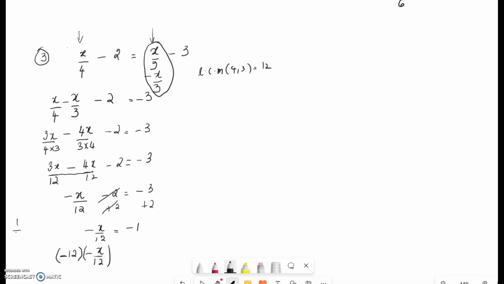Technically, you have negative 1/12, and you're multiplying it with negative 12/1, which is its reciprocal, and negative 1 times negative 12/1 on the right. The 12 and the 12 cancel each other out, numerator and denominator. The negative cancels with the negative and becomes a positive. You have x equals positive 12.